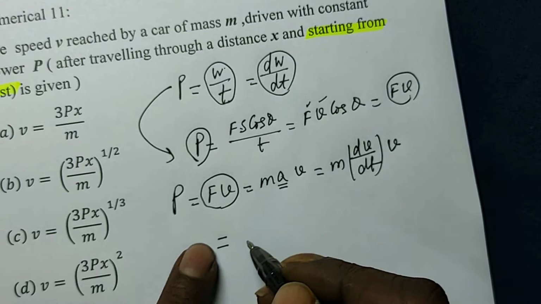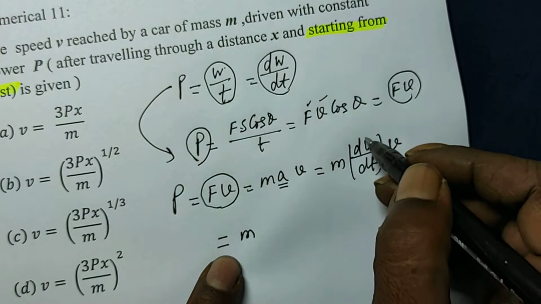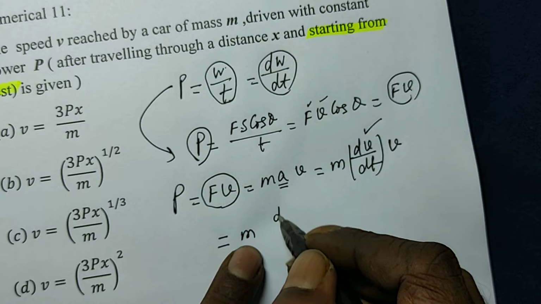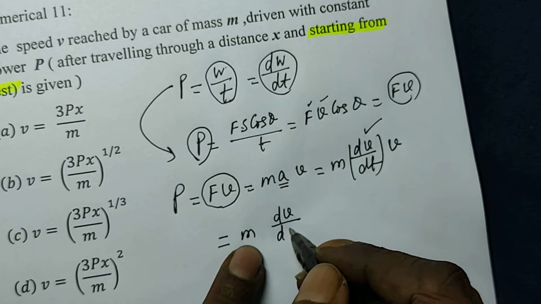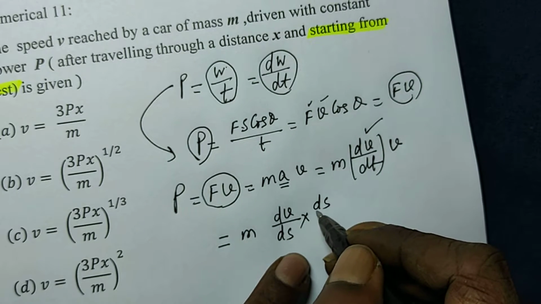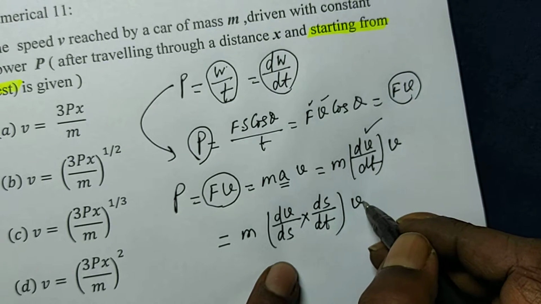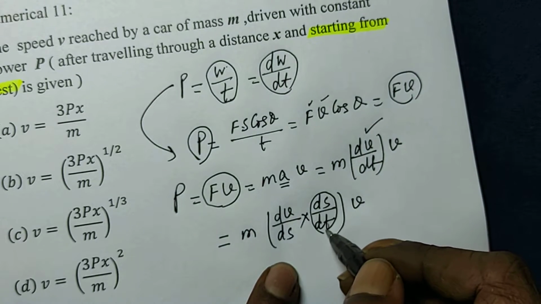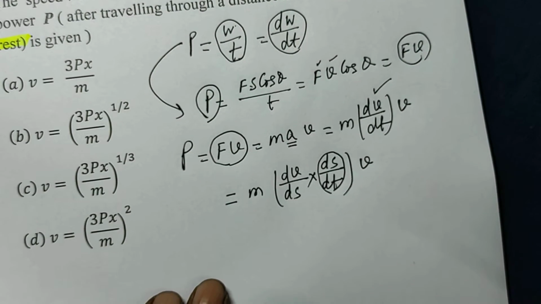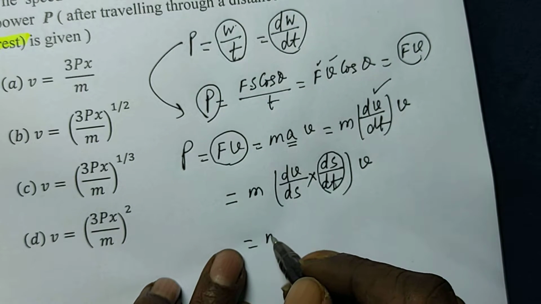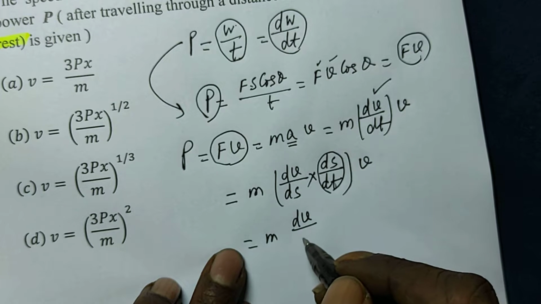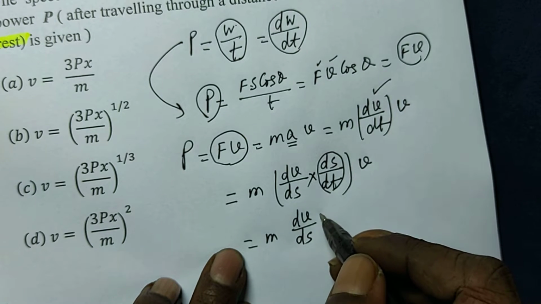Now, that can be rewritten in a suitable form: I divide by ds, then I multiply by ds, meaning I do not make any change. By doing so, this part becomes velocity. So, m dv over ds, times velocity.